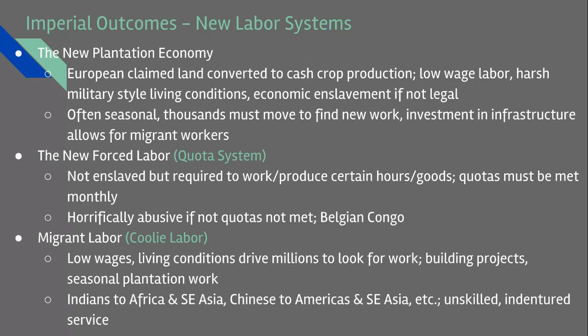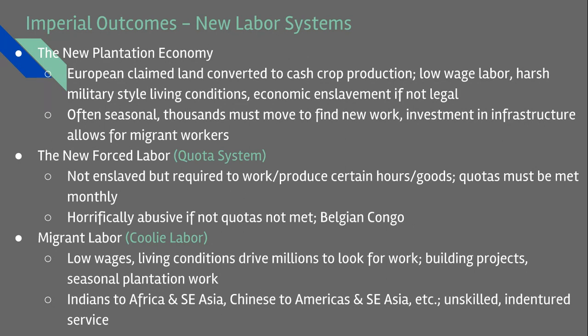Now, in other colonized areas, what develops is a new system of forced labor known as the quota system. Now, this is not slavery in the chattel legalized sense that we are familiar with.